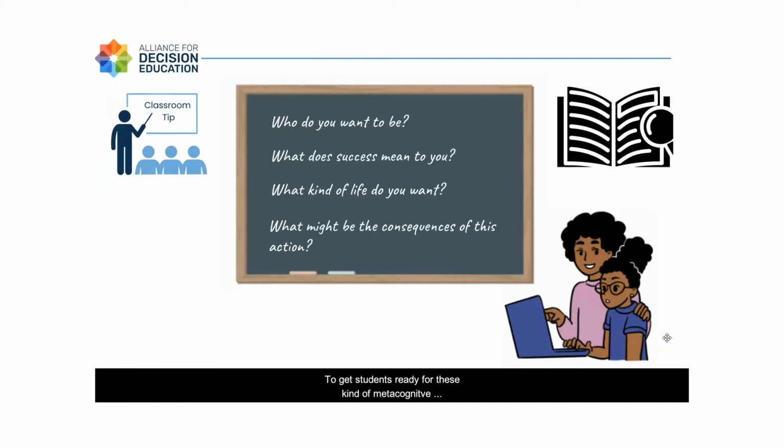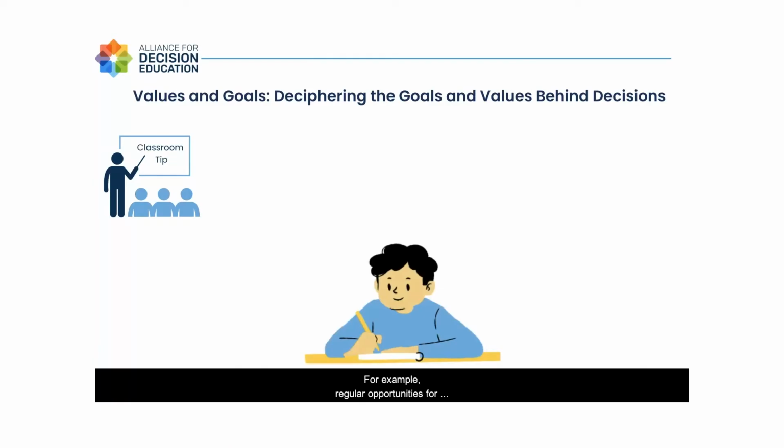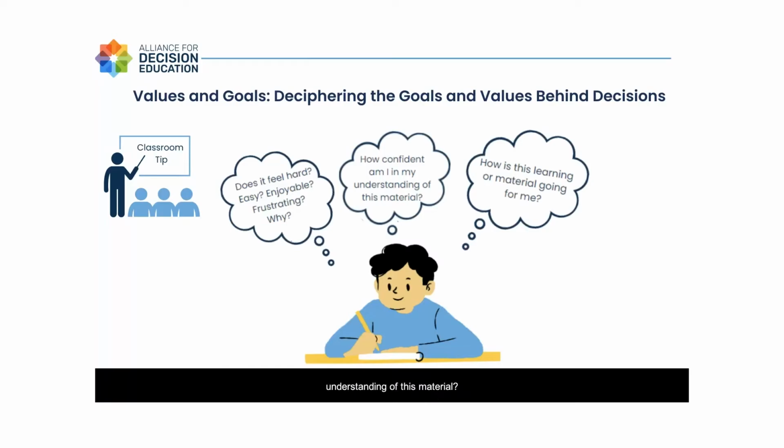To get students ready for these kinds of metacognitive conversations, we encourage classroom or at-home practices that build in opportunities for self-awareness and self-regulation. For example, regular opportunities for students to engage in authentic journaling about their thinking and learning, or built-in opportunities in the classroom for students to ask themselves, how confident am I in my understanding of this material?